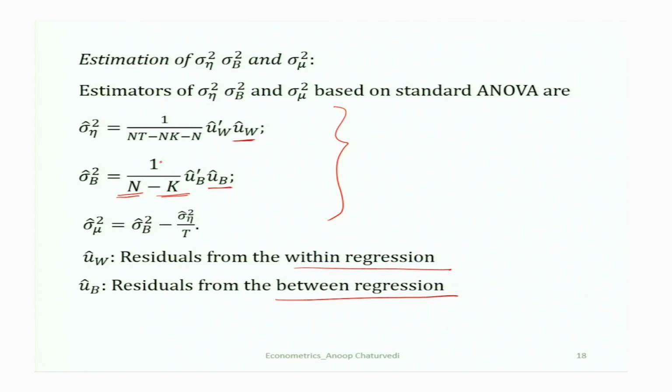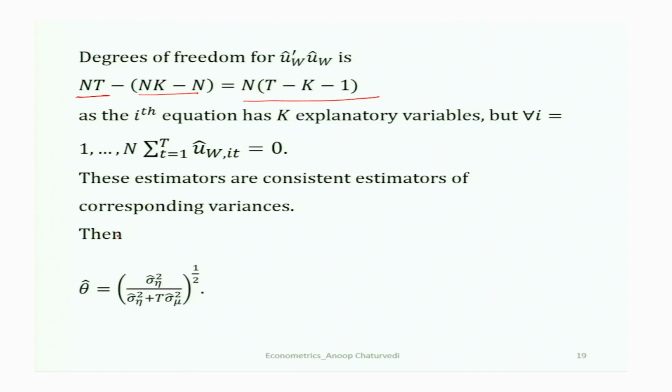So, the degree of freedom is 1 upon n minus k. Then we estimate theta by theta hat equal to (sigma hat square eta upon (sigma hat square eta plus T sigma hat square mu)) to the power half. So, this is a consistent estimator of theta.